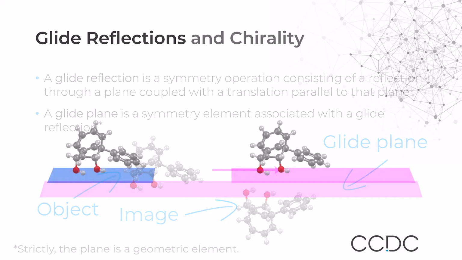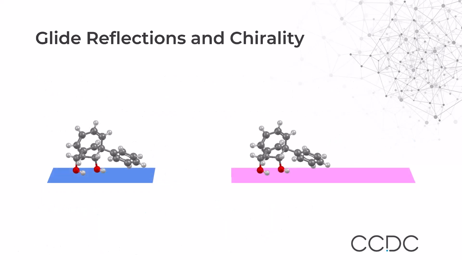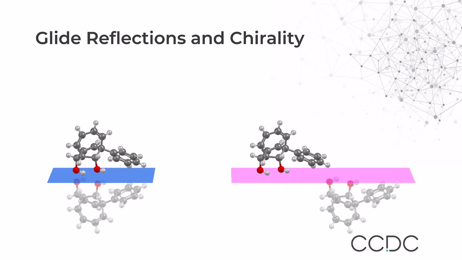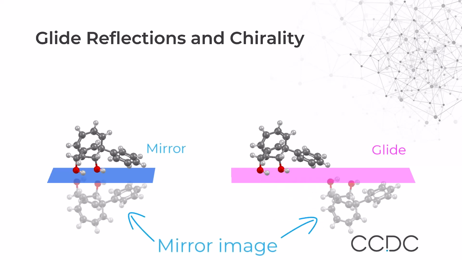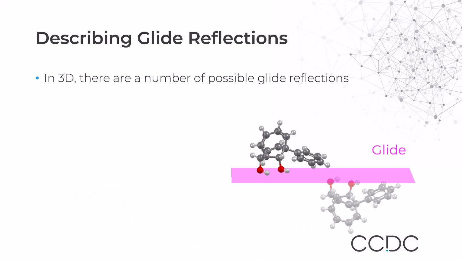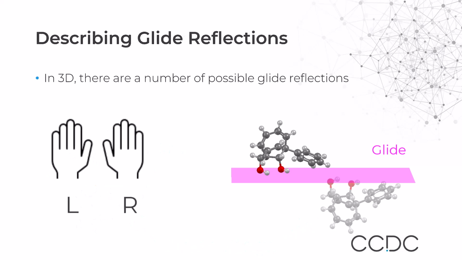Glide reflections are similar to regular reflections in that a mirror image of the object is created by the symmetry operation. This means that a chiral object changes its handedness during a glide reflection, which would be analogous to creating the enantiomer of a chiral molecule.